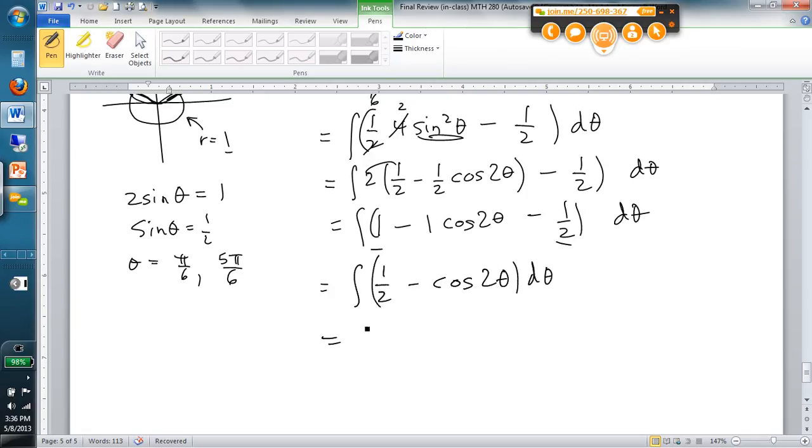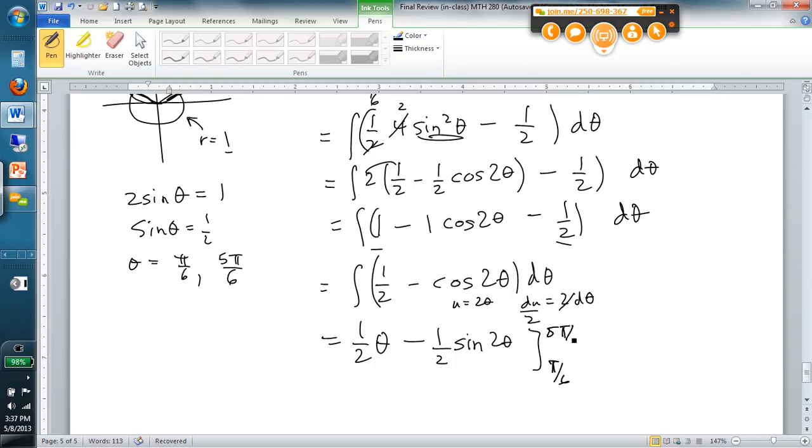Well, the antiderivative of 1/2 is 1/2 theta, minus cosine 2 theta, which is just a little u substitution. So it's going to be 1/2 theta minus 1/2 sine of 2 theta, since the antiderivative of cosine would be sine of u, but that's 2 theta. And so I want to go from pi over 6 to 5 pi over 6.